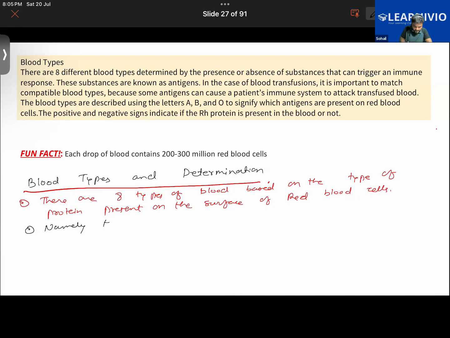Namely, they are A positive, B positive, AB positive, O positive, and A negative, B negative, AB negative, and O negative, like this.